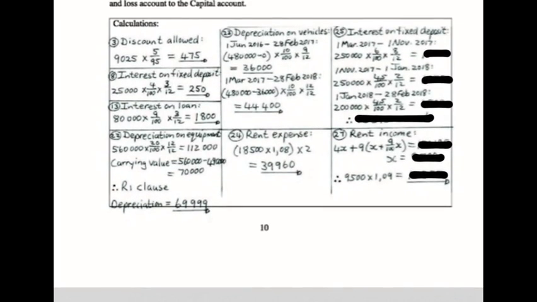So in other words, for the first 8 months, we had 250,000 invested at 6% for 8 months. So that leaves you with 10,000 Rand interest. Then for the next 2 months, our percentage dropped to 4.5%. So therefore it's still 250,000 invested at 4.5% for 2 months, and that's 1,875.